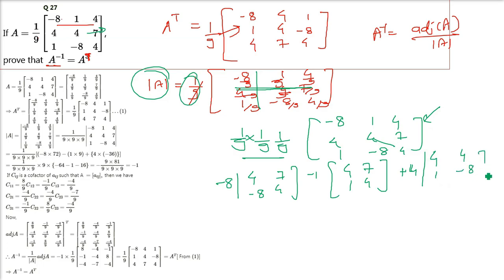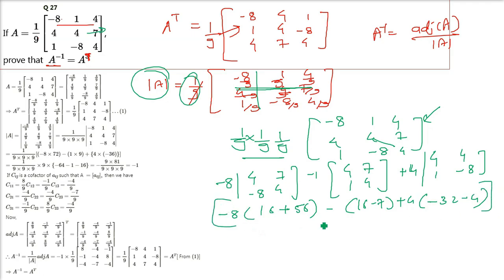Now this has to be multiplied by 1 by 9 into 9 into 9. So 4 4 is 16 plus 76 minus 16 minus 7 plus 4 minus 32 minus 4. So rather than going into the detail of simple mathematics, I'm just going to tell you the answer. Once you compute it, you will know that this answer will come as -1.